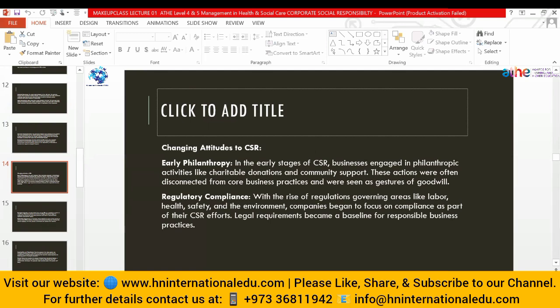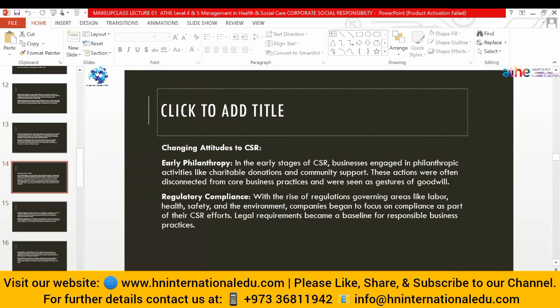Early philanthropy. In the early stages of CSR, businesses engaged in philanthropic activities like charitable donations and community support, like giving donations to the people, to the businesses in the form of a check. These actions were often disconnected from core business practices and were seen as gestures of goodwill.